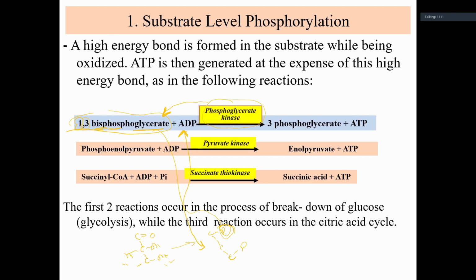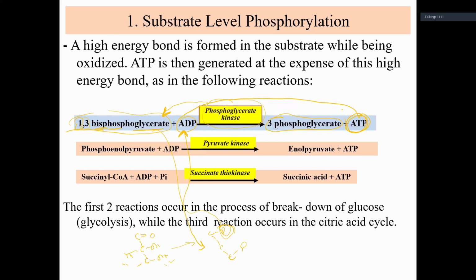Then this 1,3-bisphosphoglycerate is broken down into 3-phosphoglycerate, and ADP is converted into ATP.